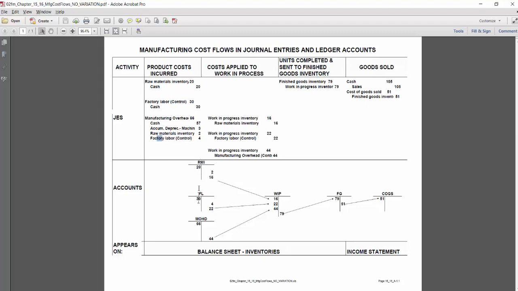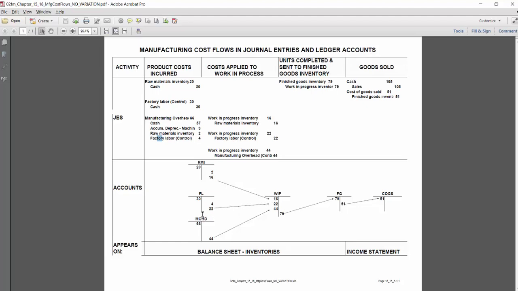All those costs coming out of their source account or into their source account, and in the case of manufacturing overhead, it will leave the source account and go into work in process. Only this $16 amount here will leave raw materials inventory and go straight to work in process.